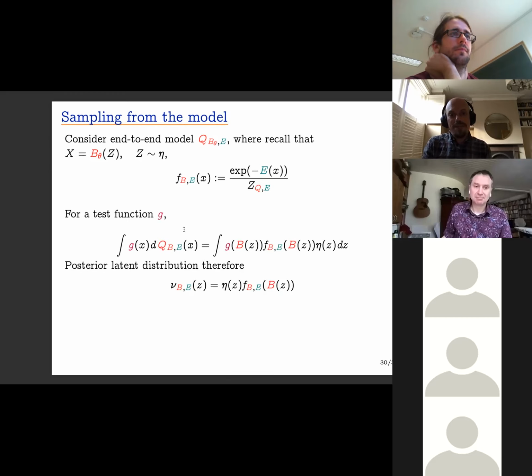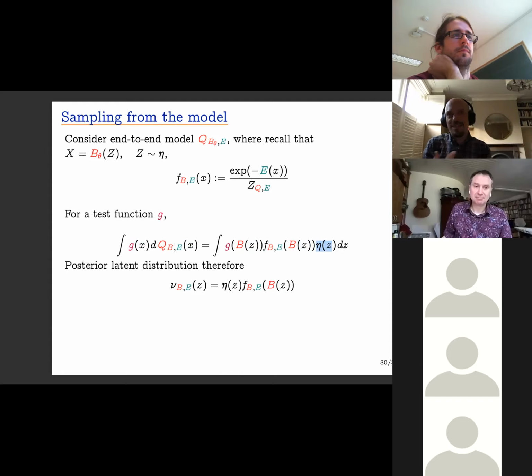Now, what would happen if I used this model to take the expectation of a function of x? What would that look like? I would have g of G(z), weighted by f evaluated at G(z), integrated over eta(z) dz.